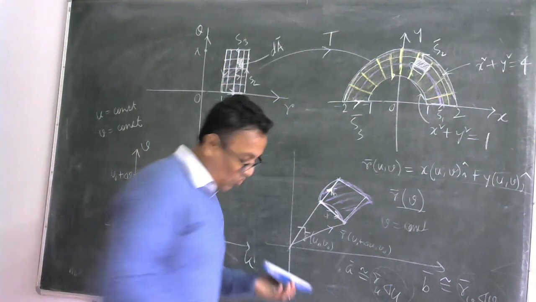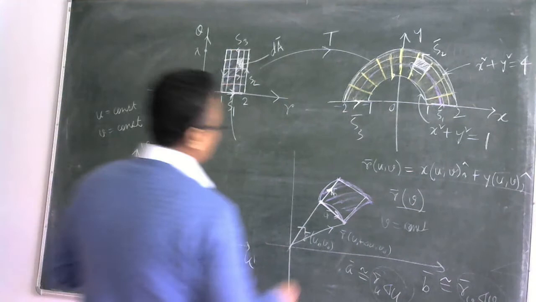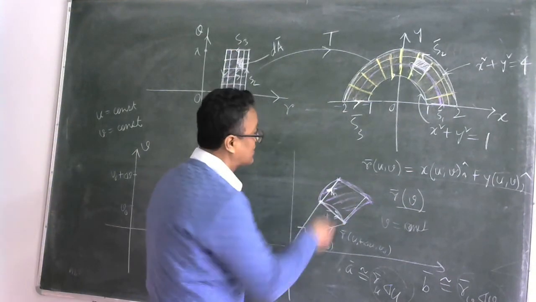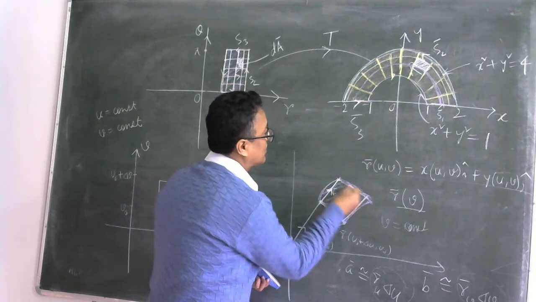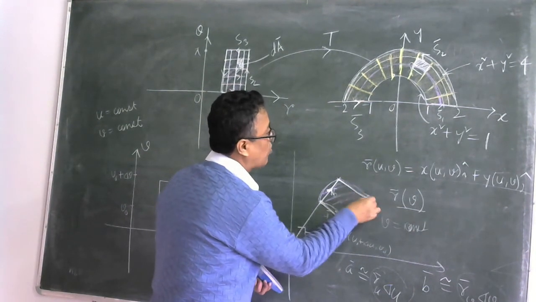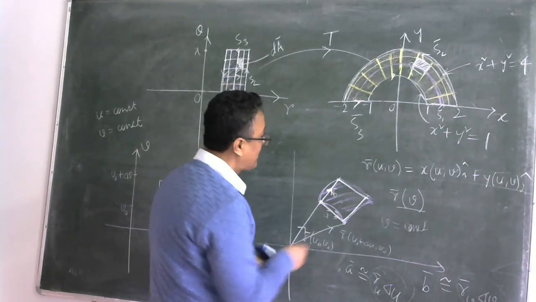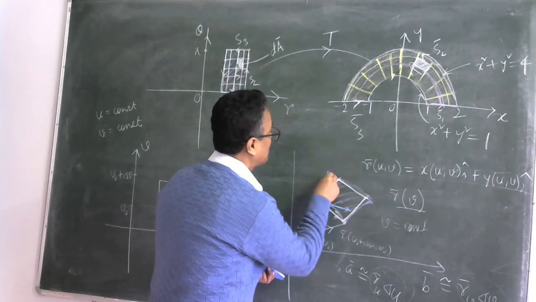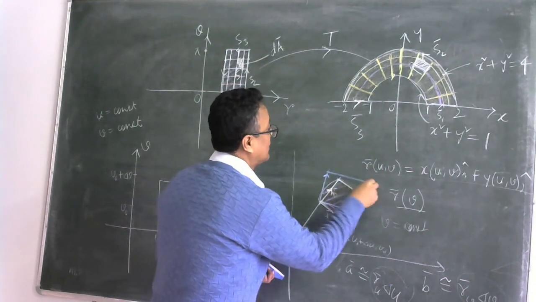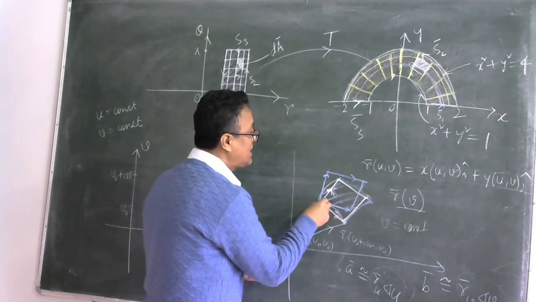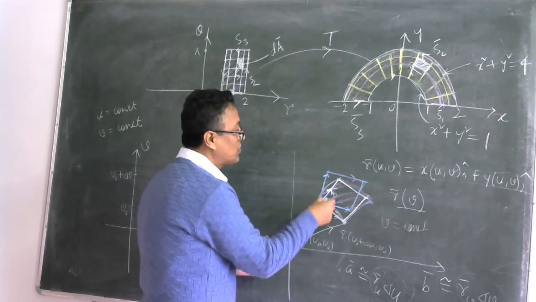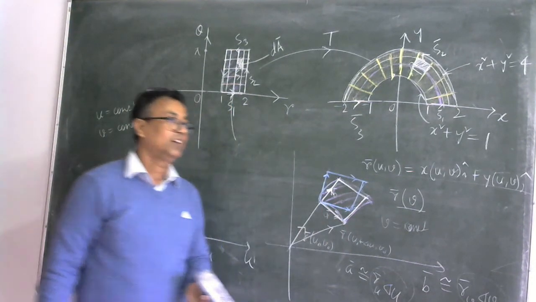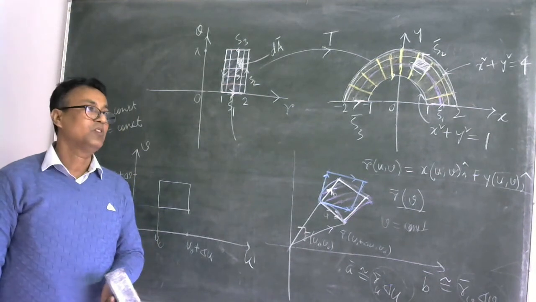So basically, this parallelogram, whose sides are designated by this white color, is again approximated by a parallelogram whose sides are along the tangent to these two boundary curves at this point, u naught v naught. I hope that is fine with you all.